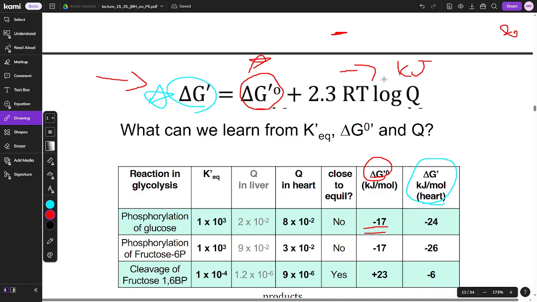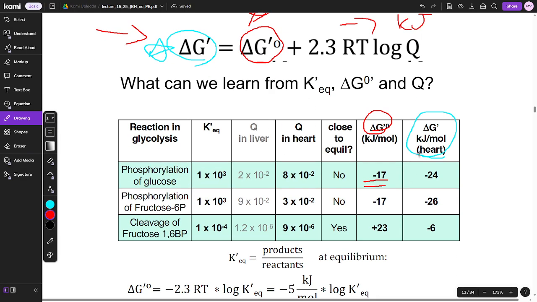Hopefully that makes sense, because when these two are equal and opposite, this would be 0, and that would mean the reaction is basically not working anymore.